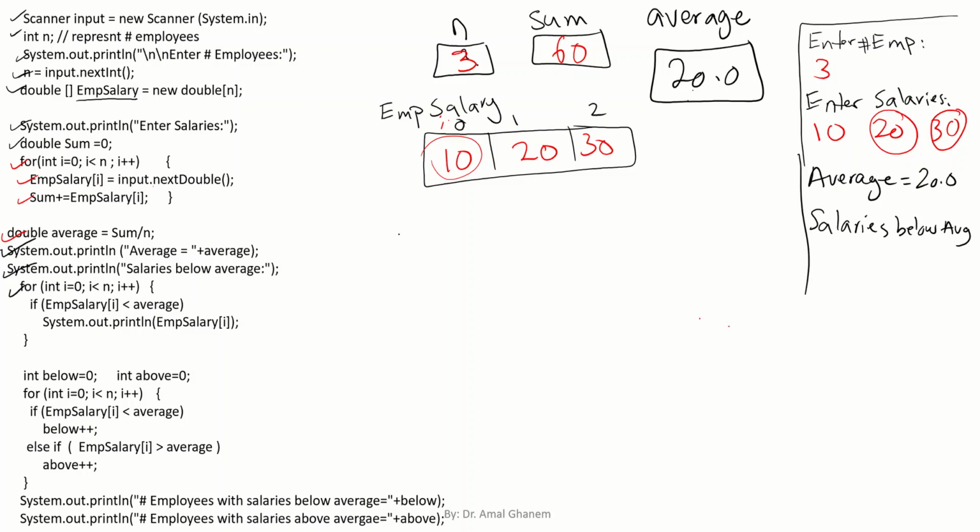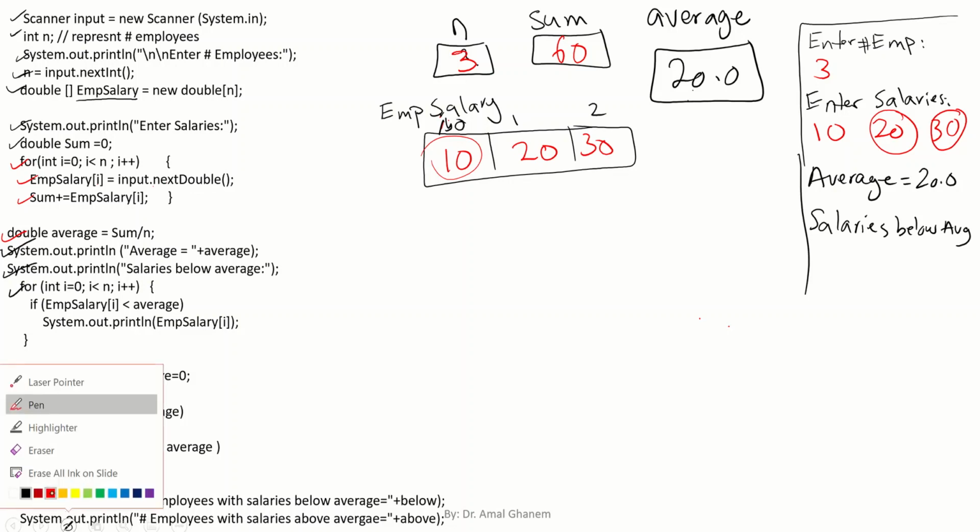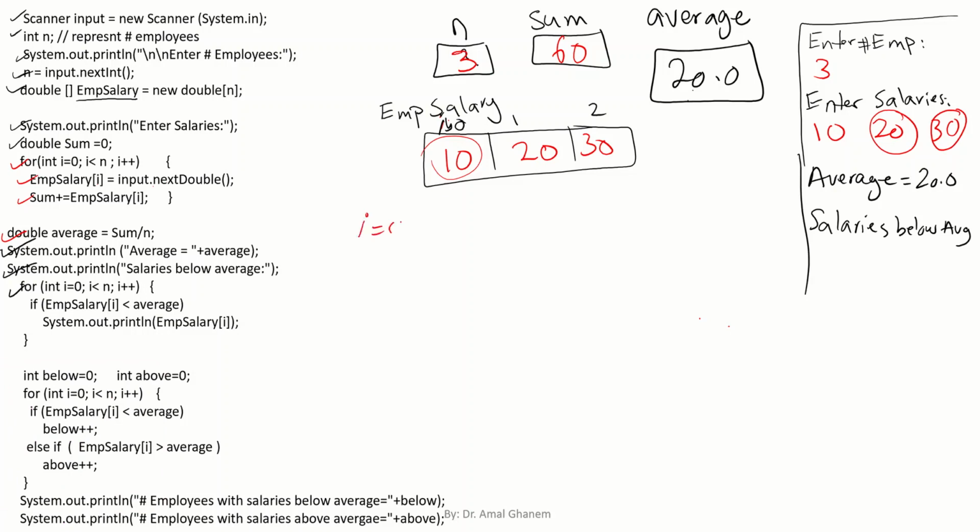And the loop, just as usual, I will start from the beginning, from location 0, then location 1, and then location 2. So when we start with the value of I equals 0, we will have this question: employeeSalary at location I, is it below the average? So I'm saying go to the array employeeSalary at location I, currently 0. Is it below the average you have?